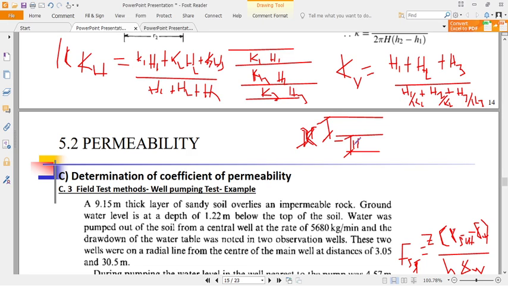Therefore these two form up Z. This is Z total, so that Z is equal to X plus H.